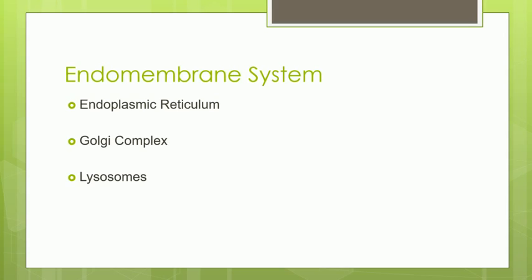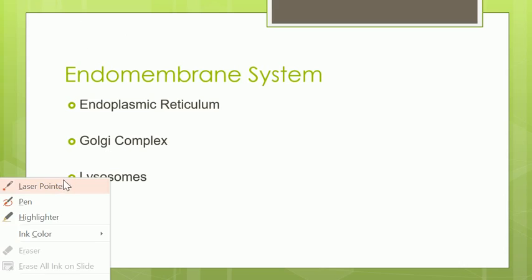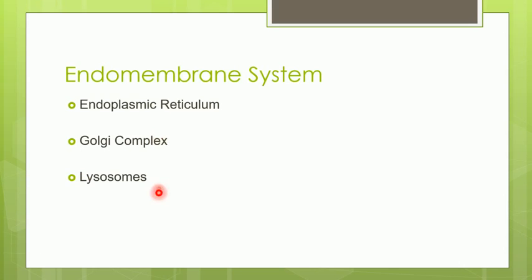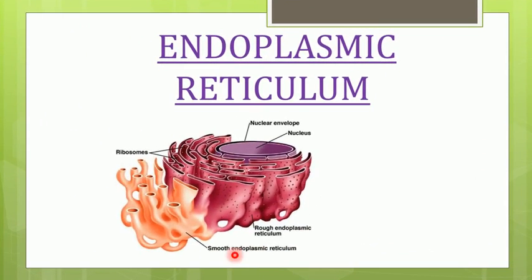This endomembrane system comprises three organelles, that is endoplasmic reticulum, Golgi complex and lysosomes. These three organelles constitute what is called the endomembrane system. Today we are going to discuss the first organelle of this system, that is called endoplasmic reticulum.